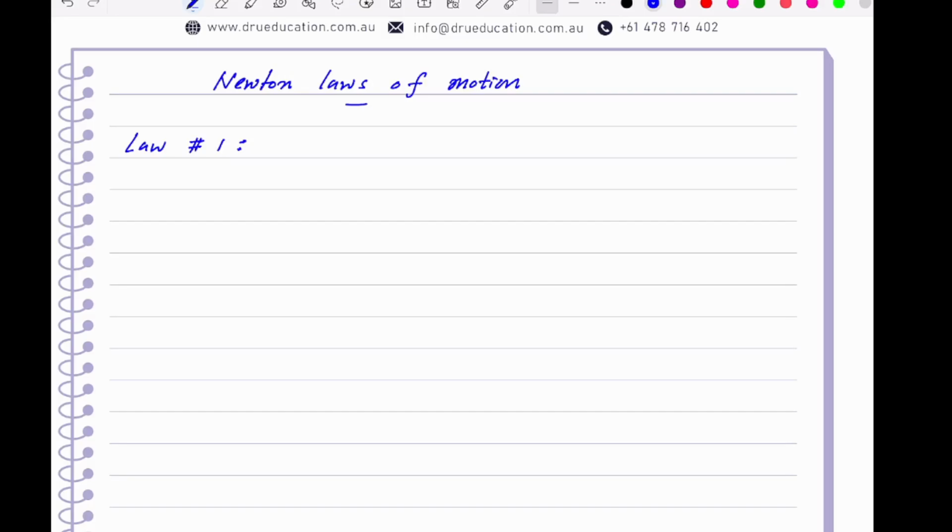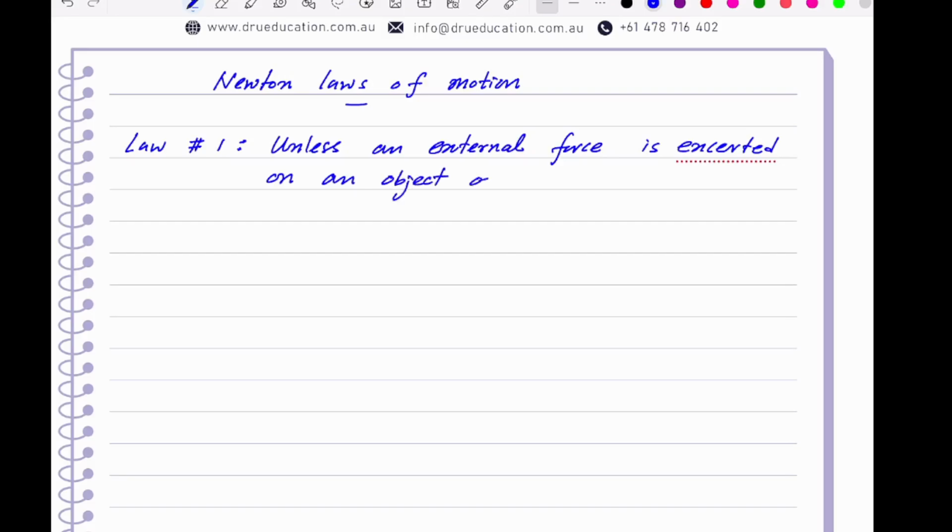Law number one means unless an external force is exerted on an object or system of objects, the object or system of objects remain at rest or move with a constant speed.